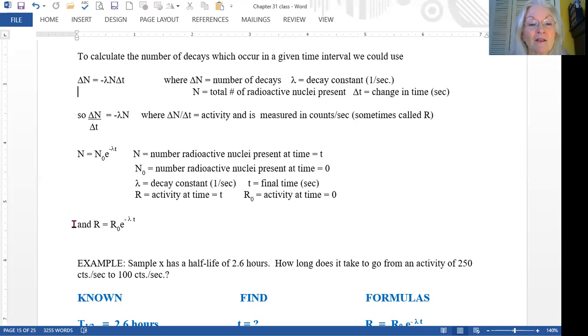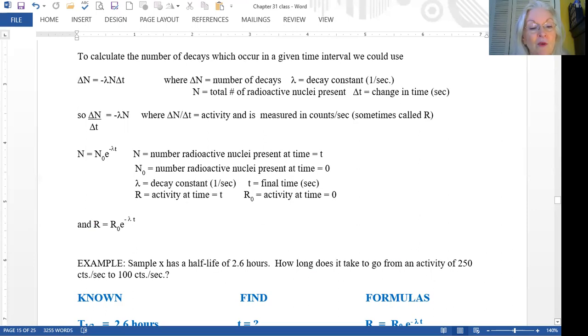The activity is proportional to the number of radioactive nuclei, and the rate of decay is proportional to the mass. So they're all related, and we can take this one simple equation and customize it for our problem.